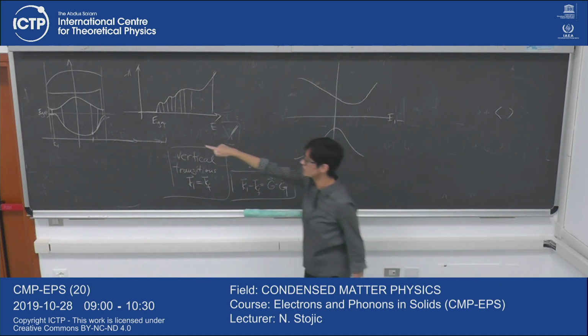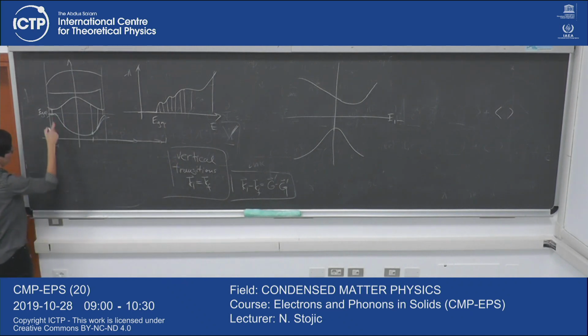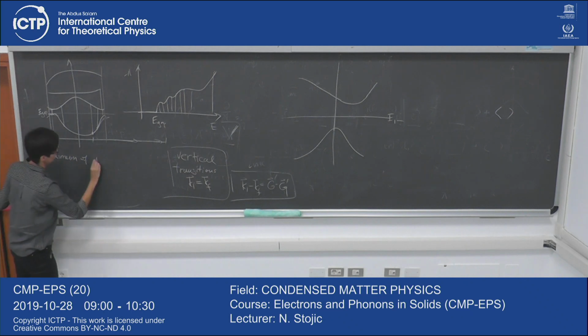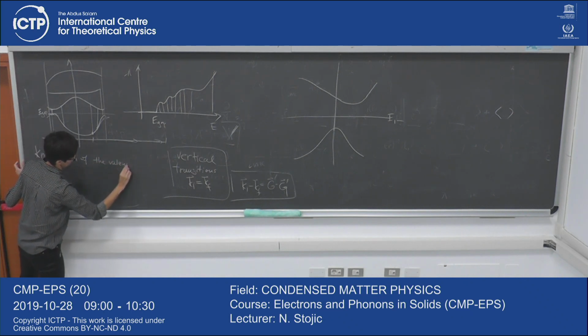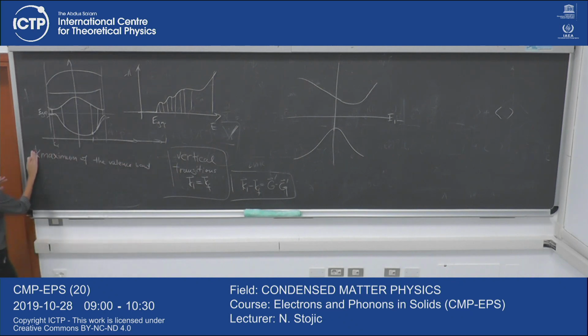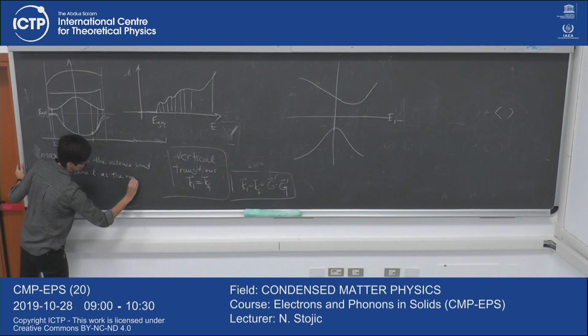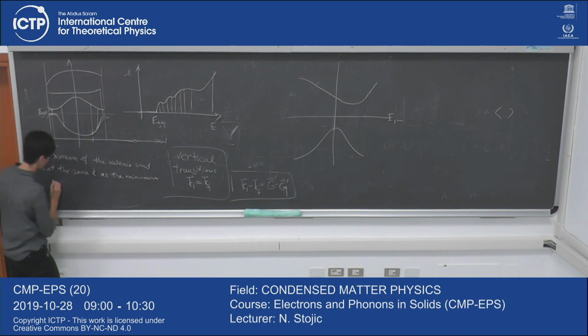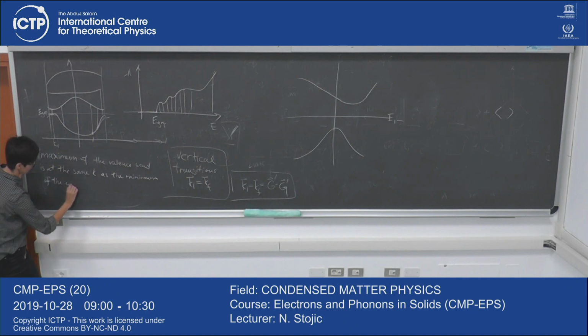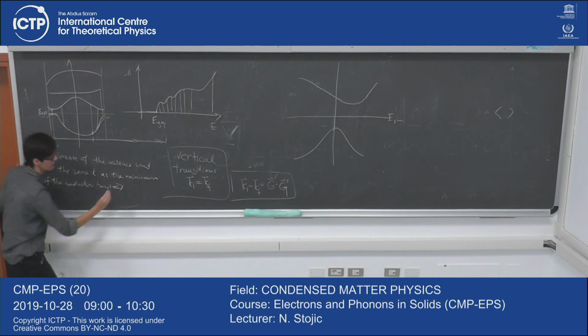So, for the case where the maximum of the valence band is at the same K as the minimum of the conduction band, then it's a direct semiconductor.